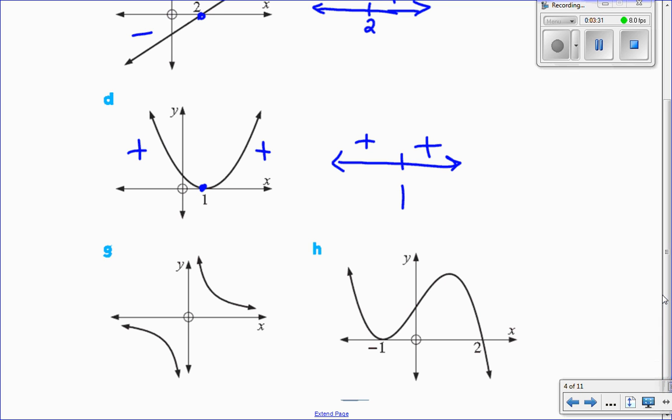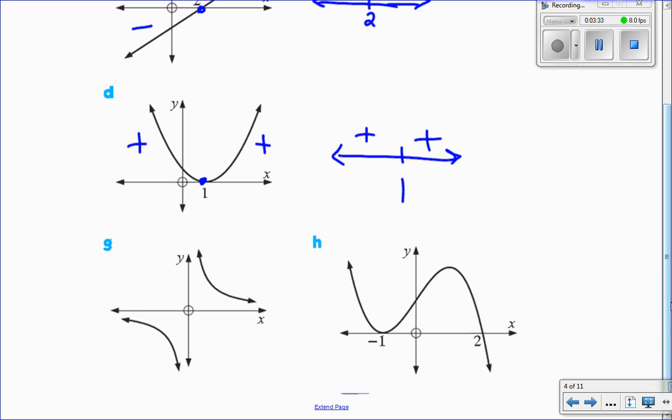And briefly, letter G, we can see that we have a vertical asymptote when x equals 0. Because it's a vertical asymptote, we use a dashed line instead of a solid line.